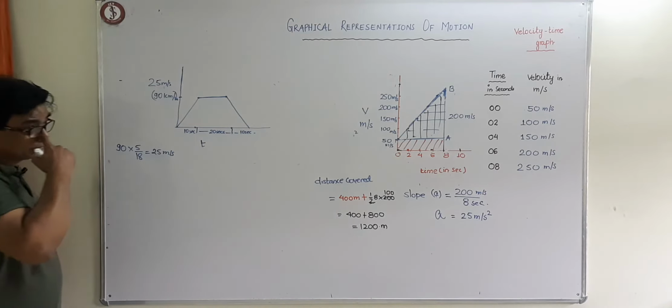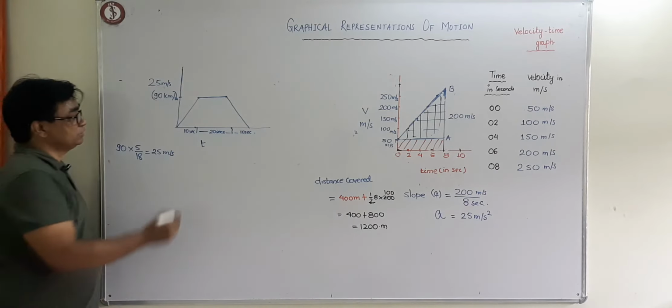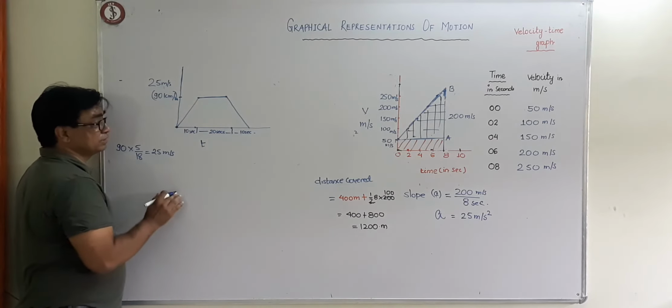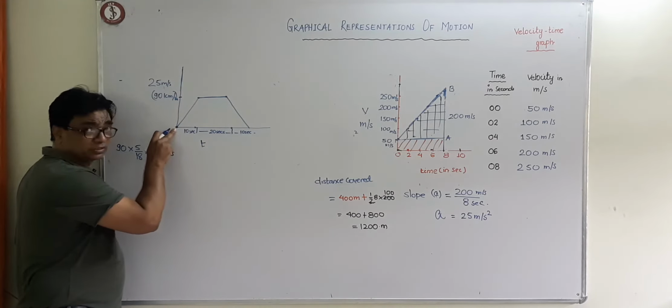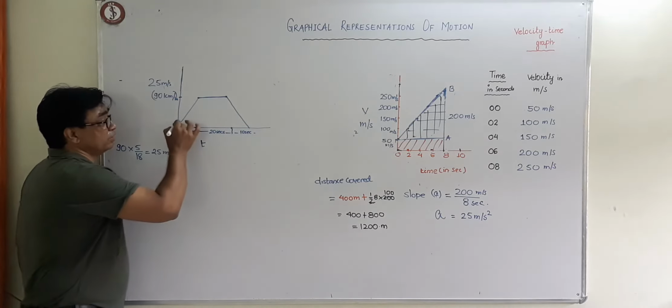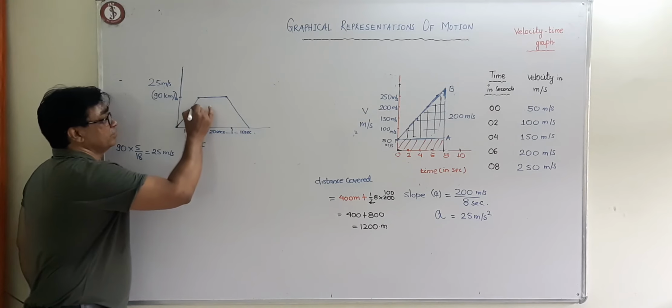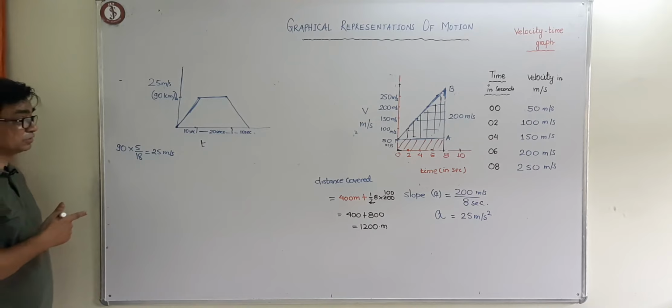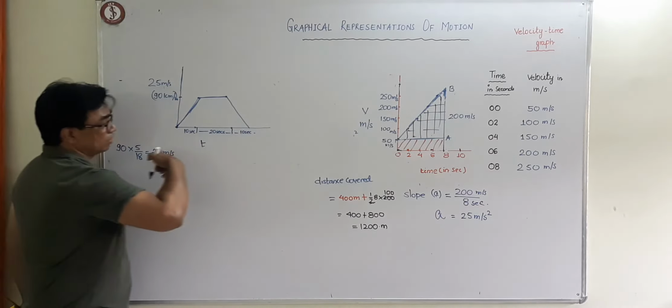Now how to explain this graph? You will see when the time is 0, velocity is 0 because it's starting here. So you'll say the body started from rest and this is an inclined straight line. So it traveled with uniform acceleration, because there is a change in velocity, and a straight line means, what did I say?